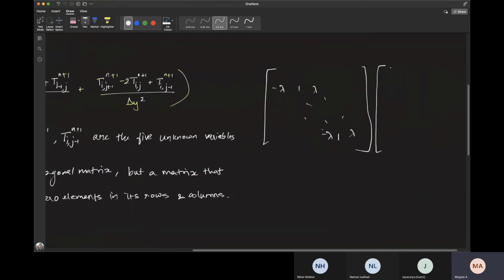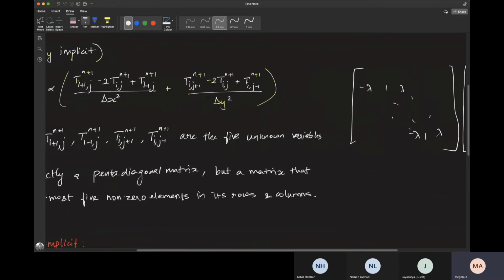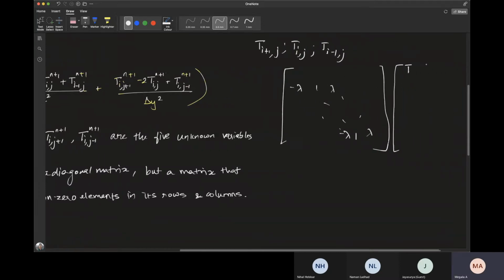So since the unknowns are only these things, you'll have to arrange the first index alone in a neat way.